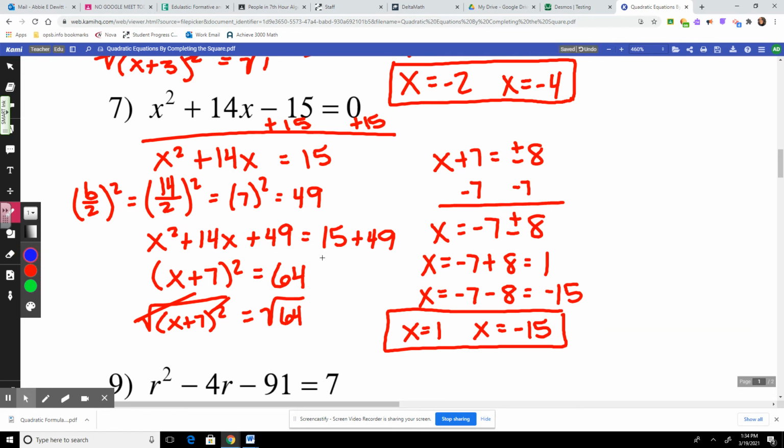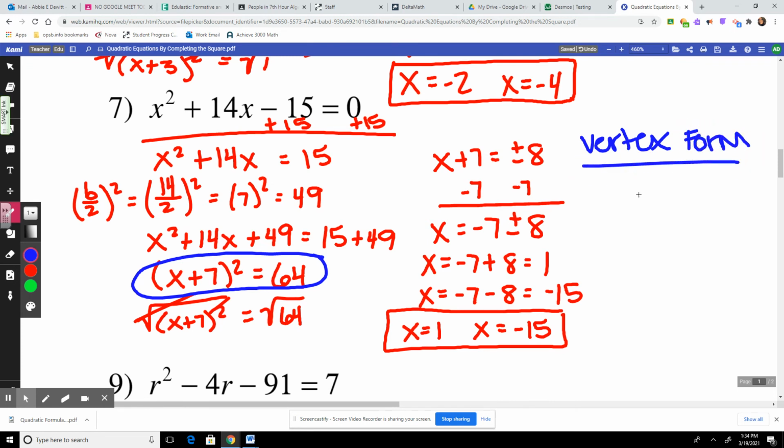Okay, for the vertex form, I'm going to go back to step 4. Subtract 64 from both sides. So the vertex form ends up being y equals, my a is 1, x plus 7 squared minus 64.